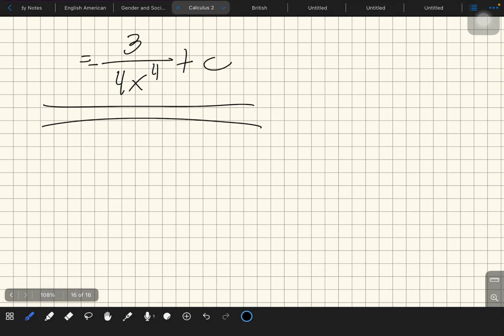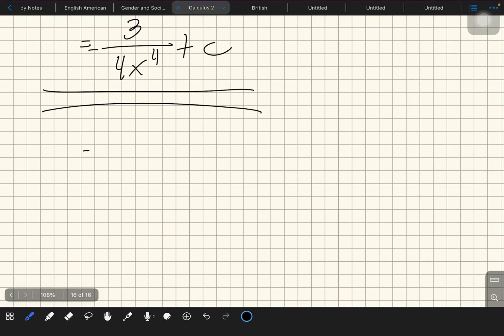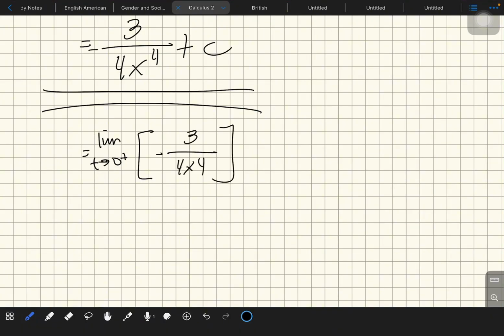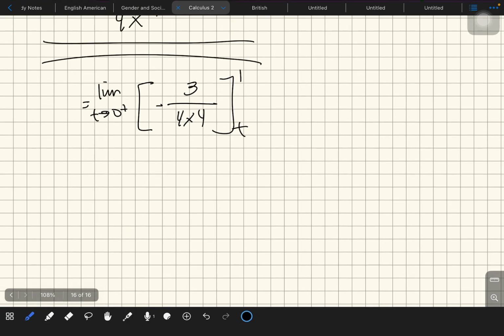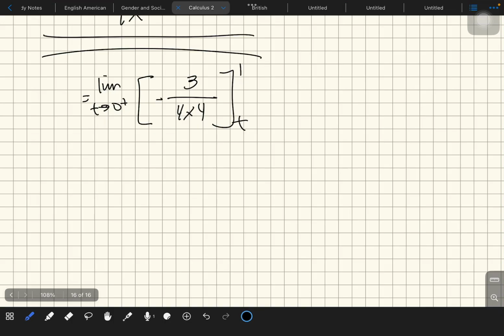So now let's apply the limit. T approaches 0 from the right, negative 3 over 4x raised to 4 from t to 1. So substitute the x to the lower and upper boundary.